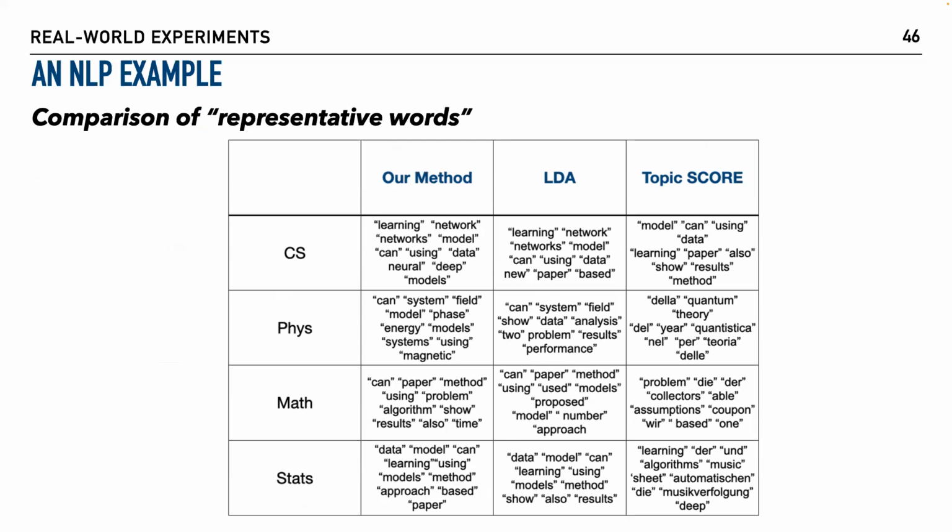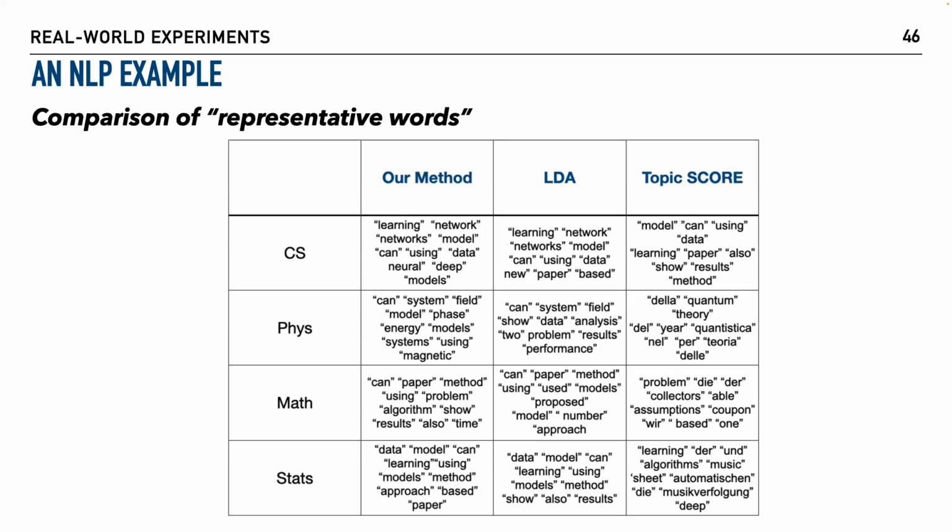For topic score, though, you will see weird things happening. For physics and statistics, you have essentially polluted words, right? So here you have Italian words like quantistica, and in statistics you have German words, which I will not try to pronounce.